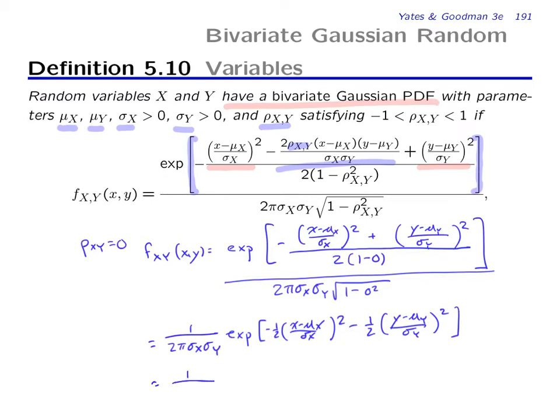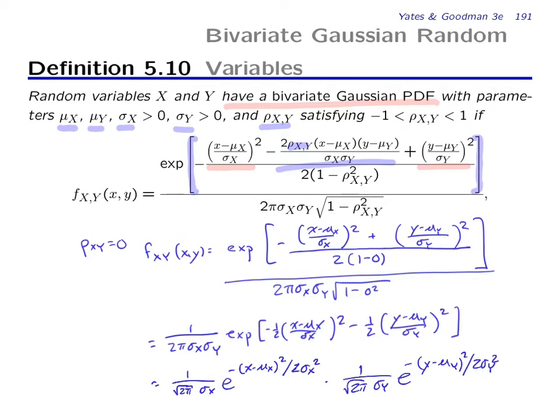And then we can break this apart in the following way. This equals 1 over square root 2 pi times sigma x e to the minus x minus mu x squared over 2 sigma x squared, times 1 over square root 2 pi sigma y e to the minus y minus mu y squared over 2 sigma y squared.